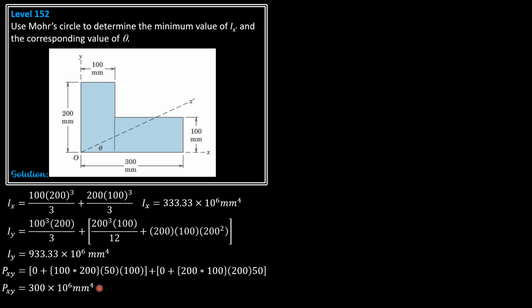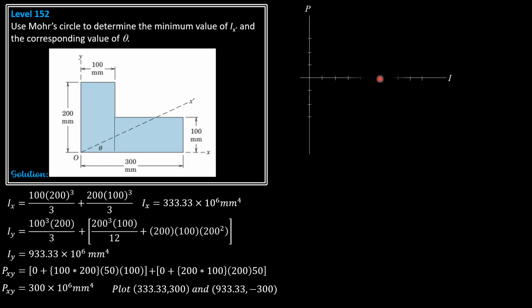So we plot 333.33 comma positive 300 and 933.33 for Iy comma negative of 300. So let's prepare the axis. So this is the principal axis, the I-axis, and the product of inertia for the vertical axis. So imagine that each graduation is 100.